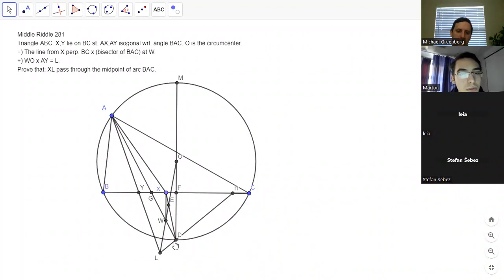But yeah, I like the idea of projecting through D. Because then we want to show why XGH is harmonic.